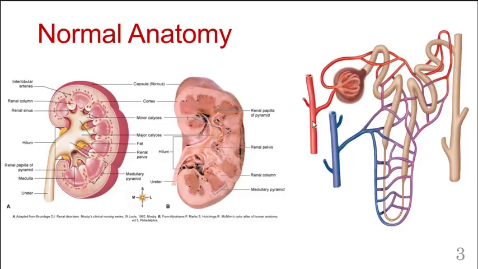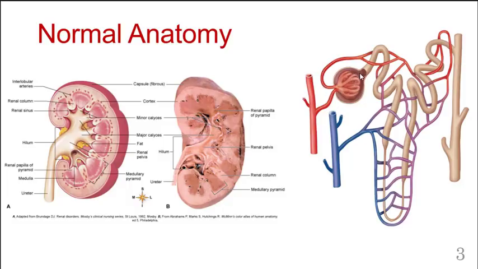Blood enters the glomerulus through the afferent arteriole, and substances that are small enough and designed to be filtered and pushed through the glomerulus will end up in Bowman's capsule. Anything too large will exit through the efferent arteriole.